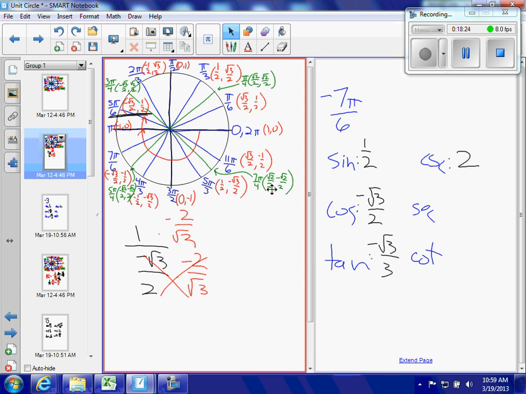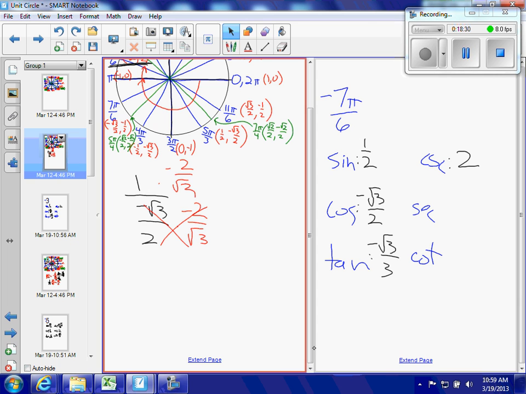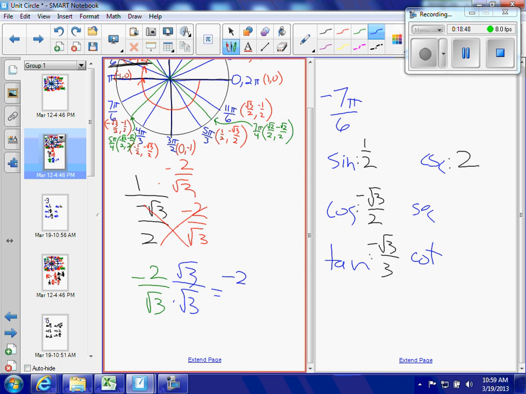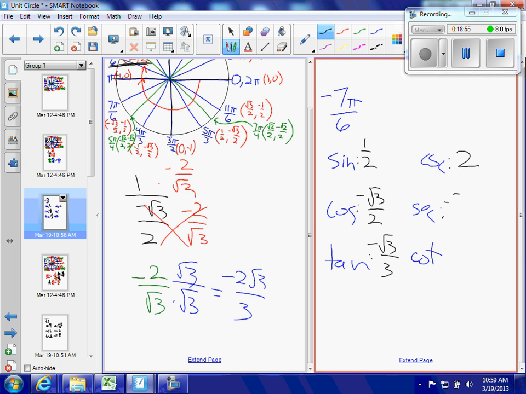So I have negative 2 over radical 3, and I need to get rid of the radical 3 in my denominator, so I'm going to multiply both the top and the bottom by radical 3 over radical 3. So that gives me negative 2 radical 3 over 3, and that is my answer. Negative 2 radical 3 over 3 for secant.